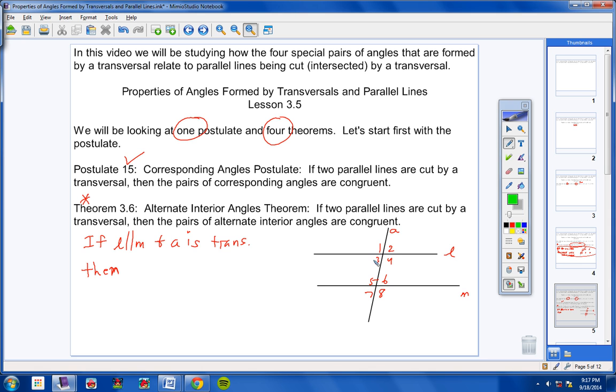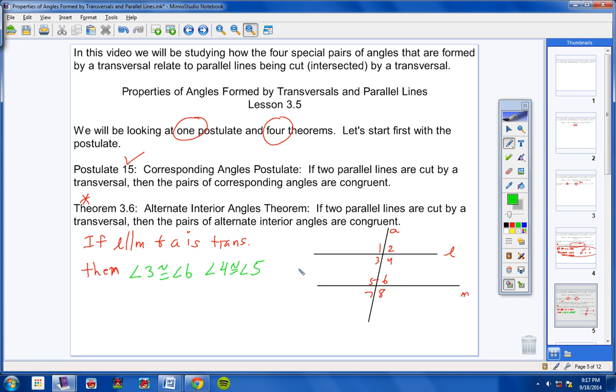Alternate interior. 3 and 6 are alternate interior, and 4 and 5 are alternate interior. So we can state that angle 3 is congruent to angle 6, and angle 4 is congruent to angle 5. And that's it. Those are your two sets of alternate interior angles.